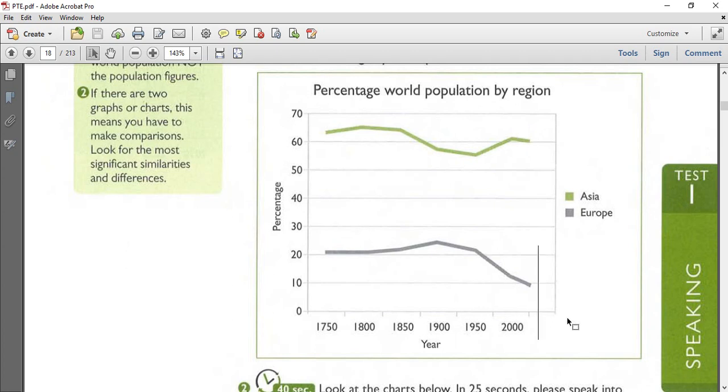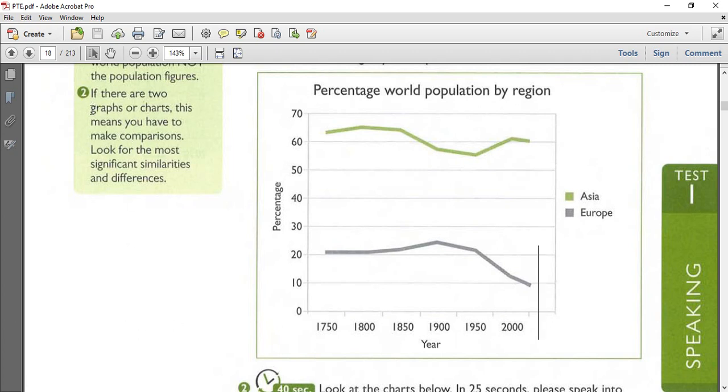So we are going to describe this kind of graph in the exam, and it is important to practice, take some notes on what we are going to talk about, and say it in a logical way. Also include a conclusion of what we have talked about so that we can get a higher score. So remember that we have only 40 seconds to describe each image.